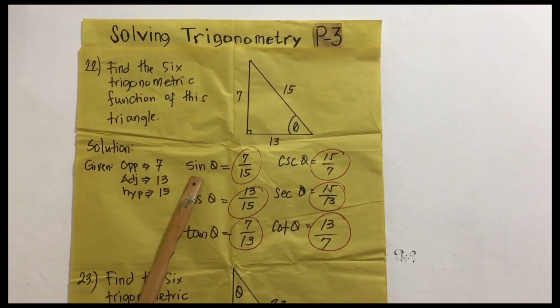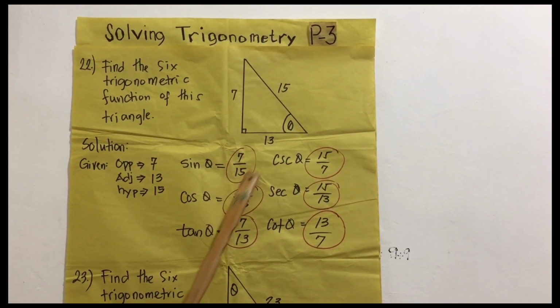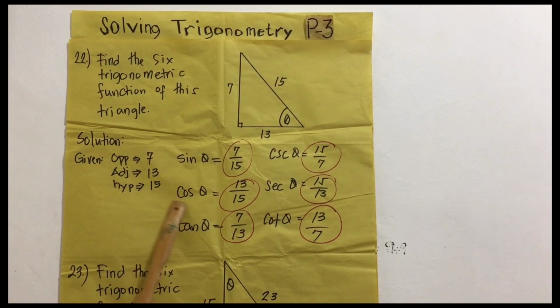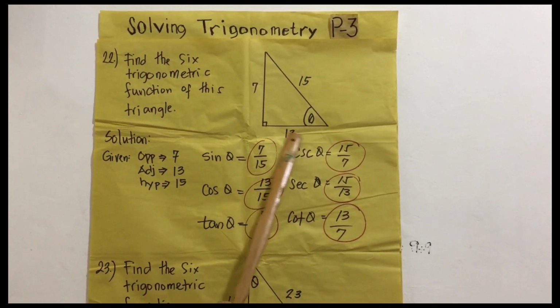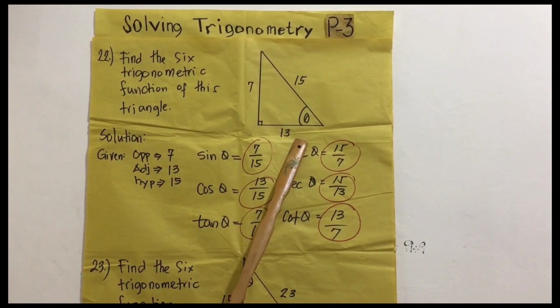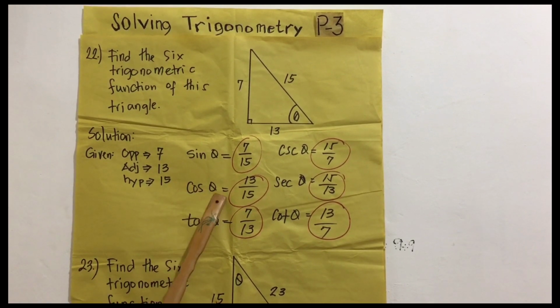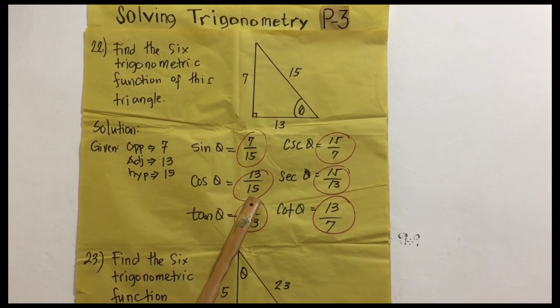So our sine theta is, the opposite is 7 and the hypotenuse is 15. So this will be our sine. And cos theta, we have the formula adjacent over the hypotenuse. So cos theta is 13 over 15.